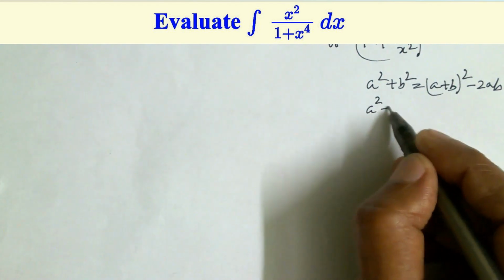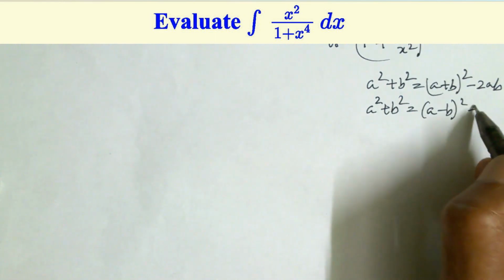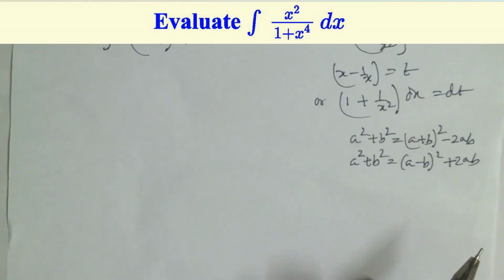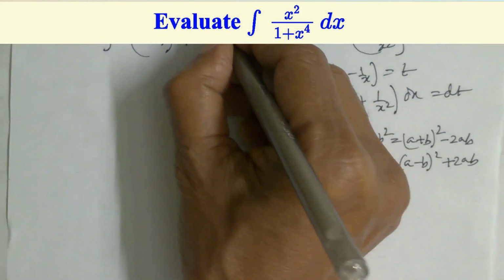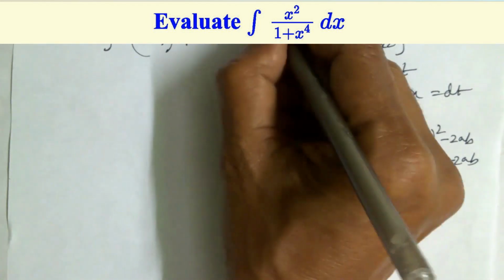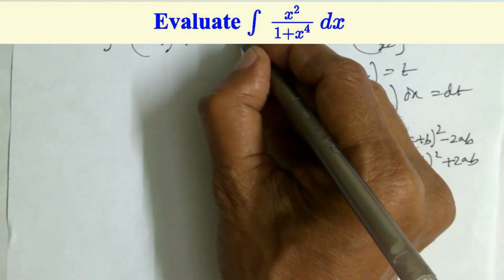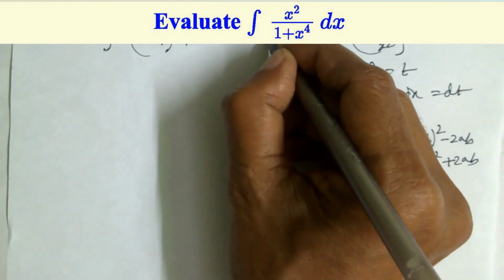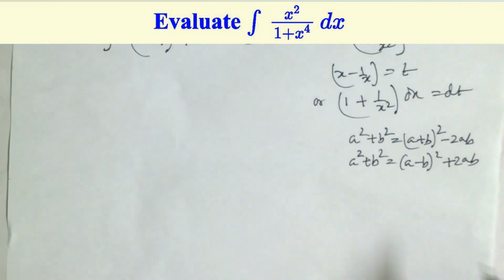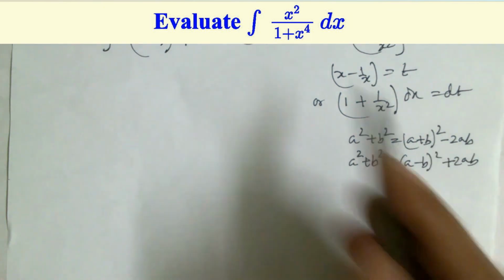Another way we can write a minus b whole square plus 2ab. These are the formulas from algebra. Next part, plus 1 minus 1 by x square dx by, here we will write x plus 1 by x whole square minus 2.